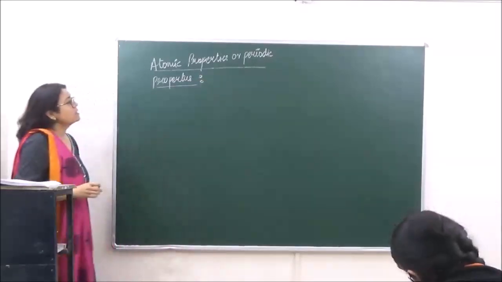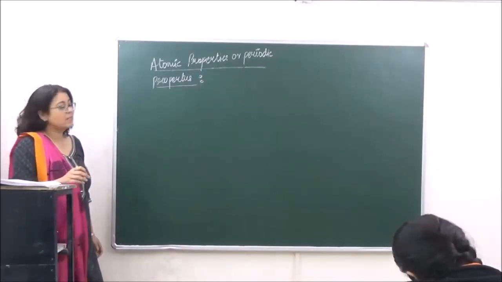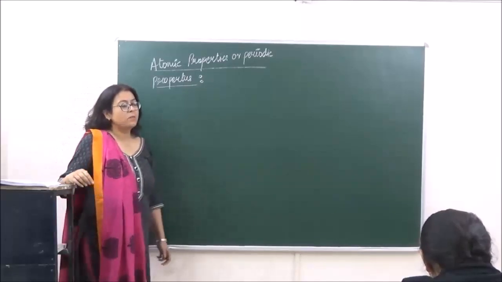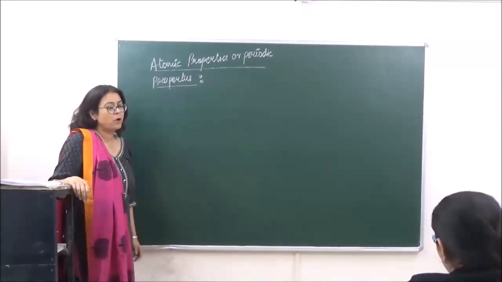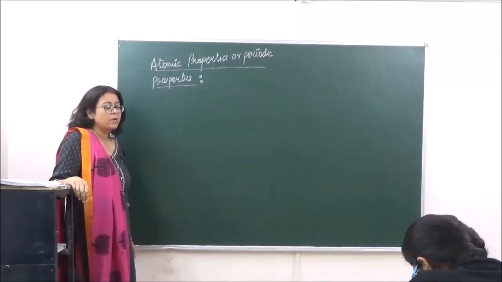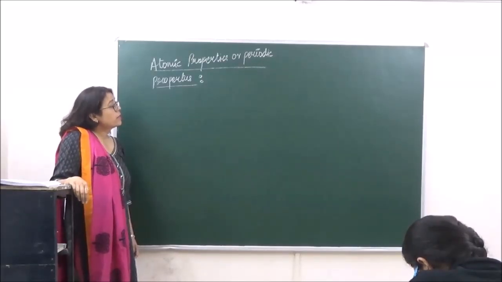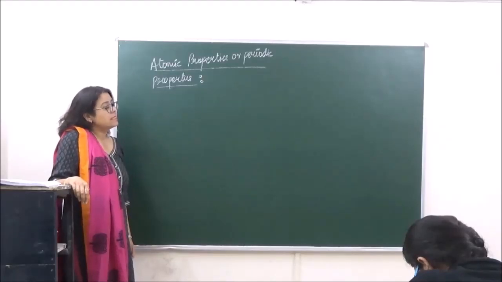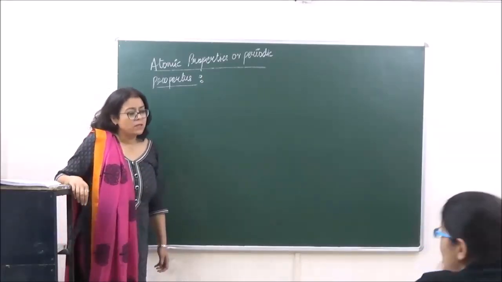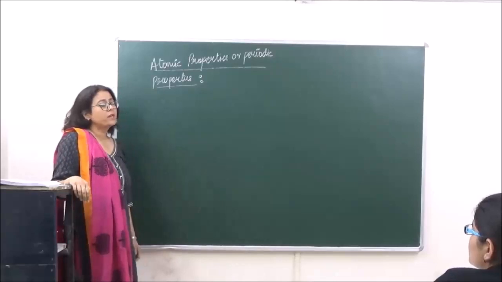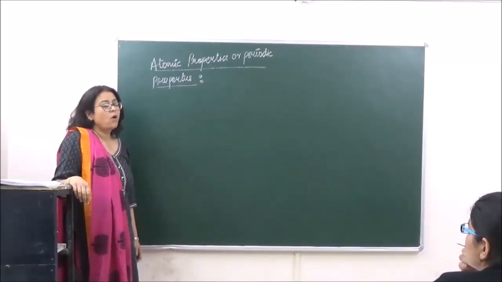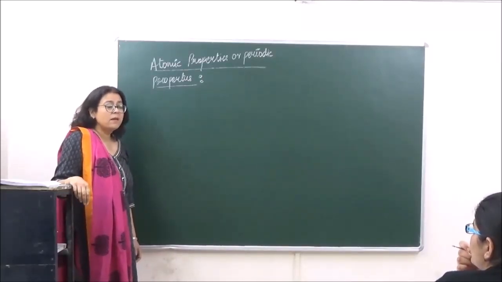Now in this case we have already studied one statement that the properties of the elements are a periodic function of their atomic number, which was stated as the modern periodic law. When we look at these properties, we will see that after regular intervals, the properties keep on showing a general gradation, or they have similar kinds of properties.